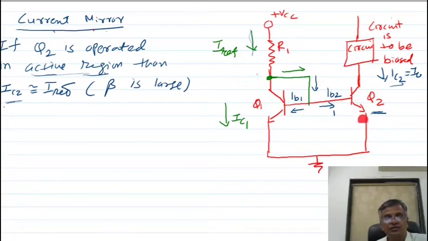Due to this reason, this circuit is called a current mirror.